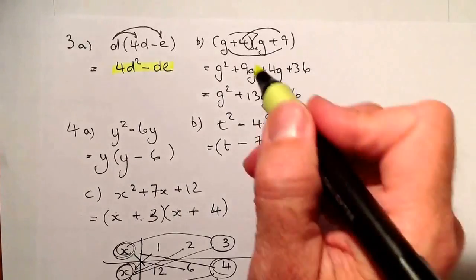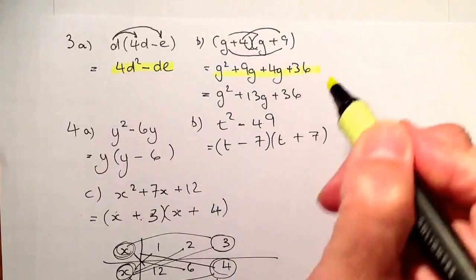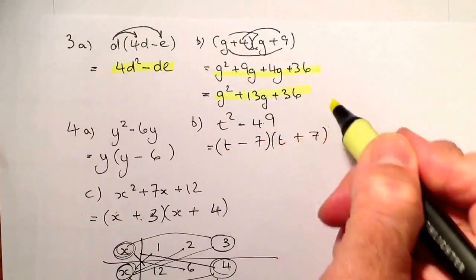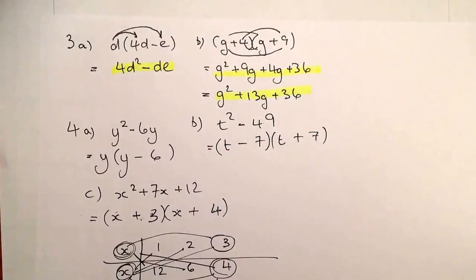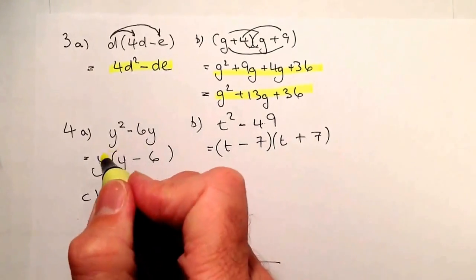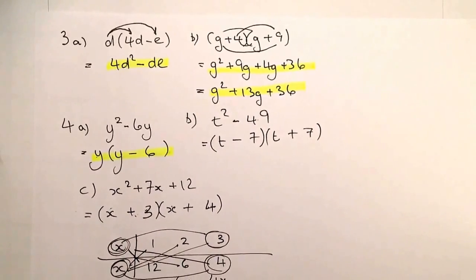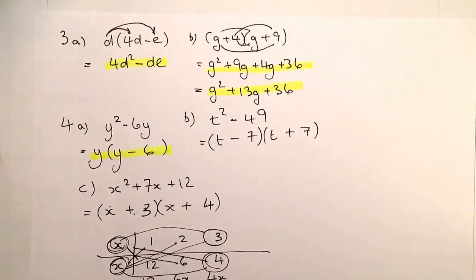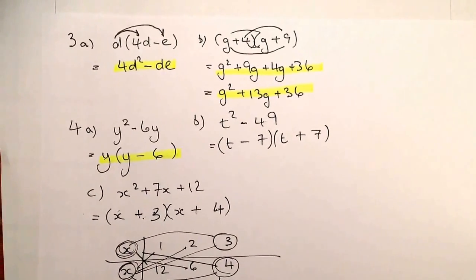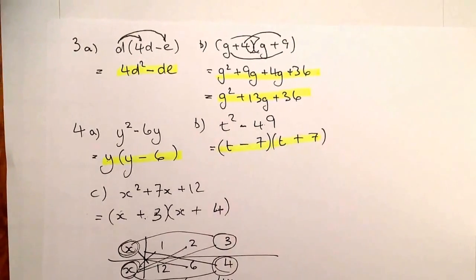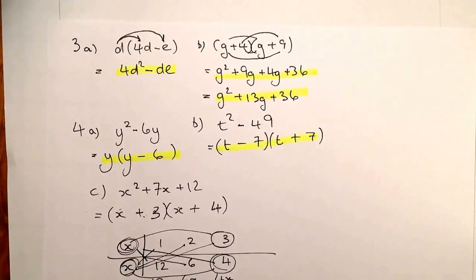For 3b, I'm going to get a mark for multiplying this part out here, and another mark for gathering the two middle terms together and finalising that part. I'm going to get a mark in question 4 for factorising this part here, and then a mark for the difference of squares, just this straight one here.